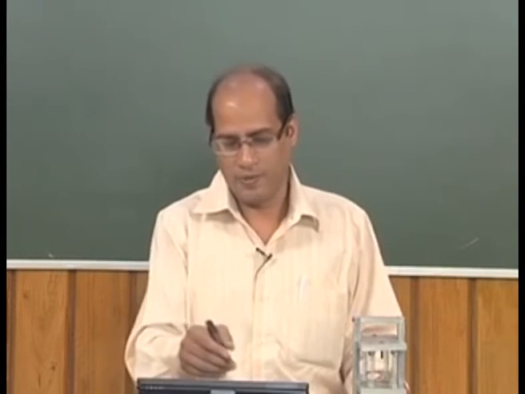In today's class also I will tell you about the different methods available to solve these equations and find their response, and what the different equilibrium conditions and possible bifurcations are.